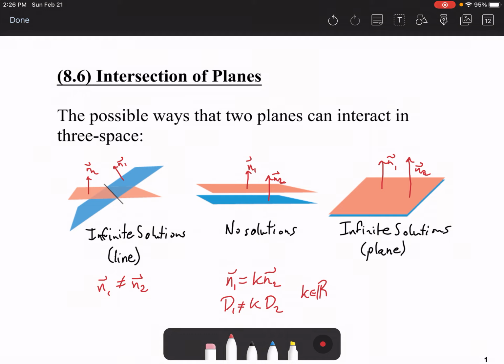But in our third case, the normals do seem to be some scalar multiples of each other, and so do the d values.